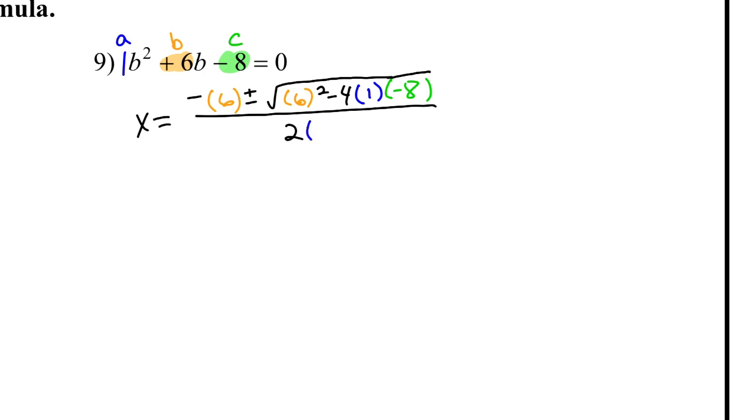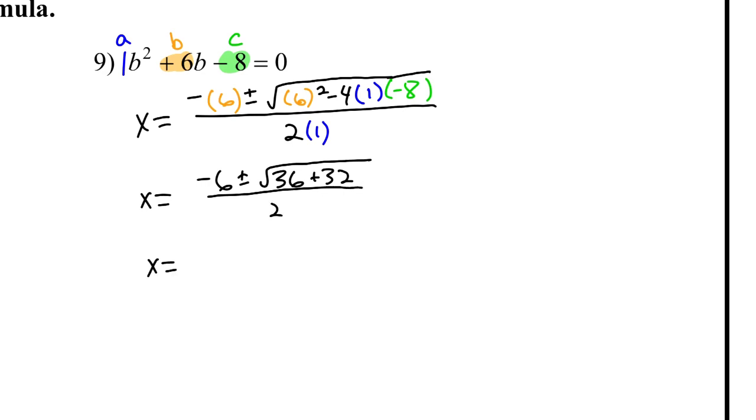Over 2a, positive 1. Sorry about that. All right, and so we have negative 6 plus or minus the square root. 6 squared is 36. And again, we have subtract negative 32 will be plus 32. And all of that will be over 2.